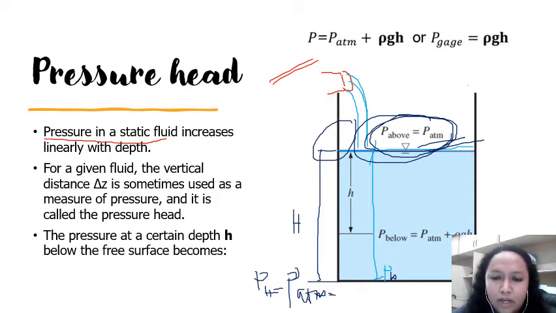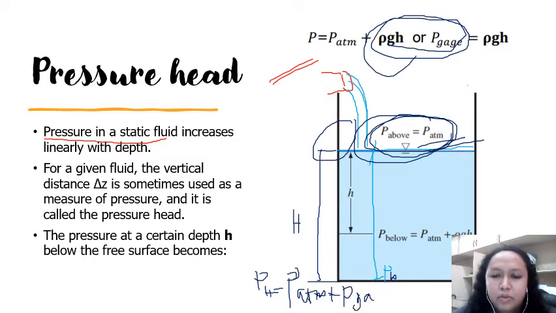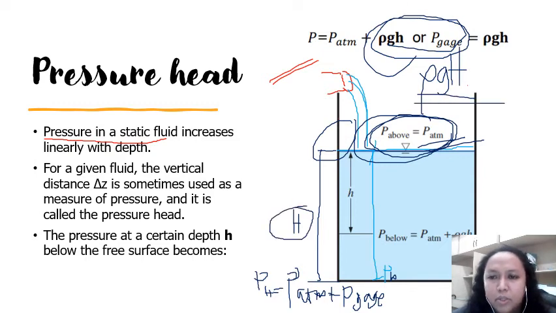So, the pressure at the bottom, the capital H, is equal to the atmospheric pressure plus the gauge pressure. Paano natin siya mako-compute? So, the gauge pressure is equal to density times gravity times the height. Since ang height na dinenote ko is the bottom at H, this is now your gauge pressure plus the atmospheric pressure. That is now the pressure at the bottom of your tank. Okay?